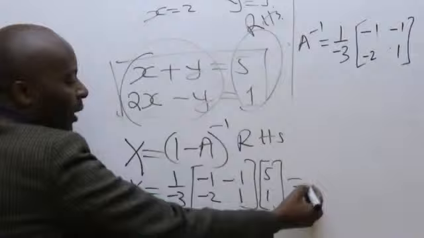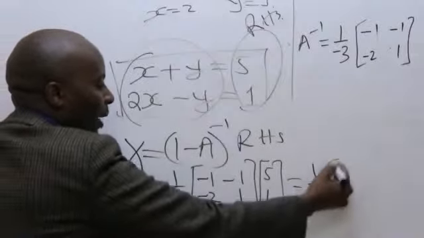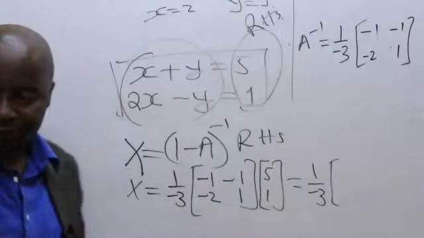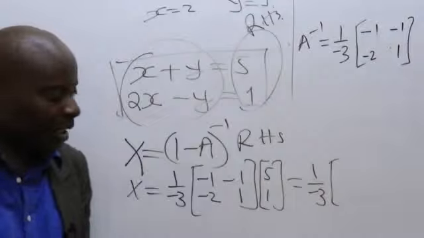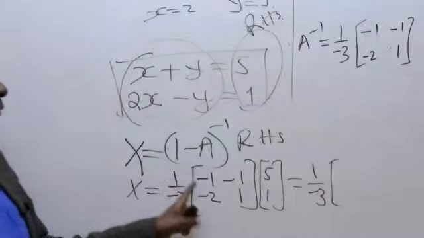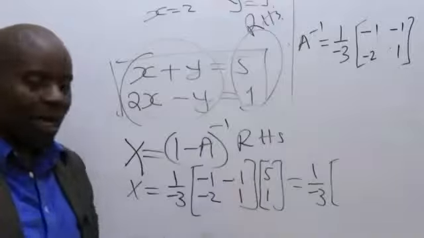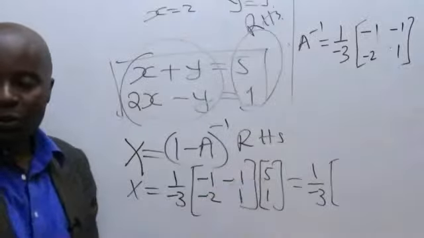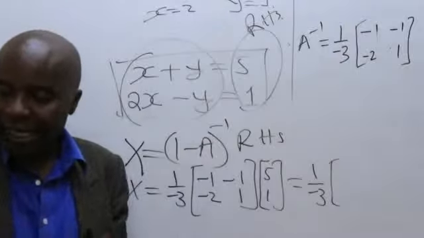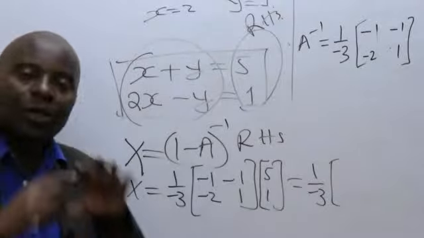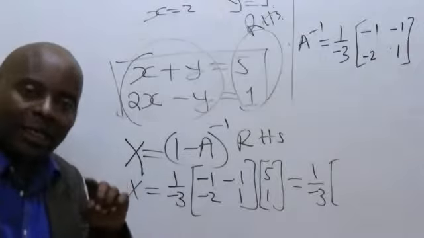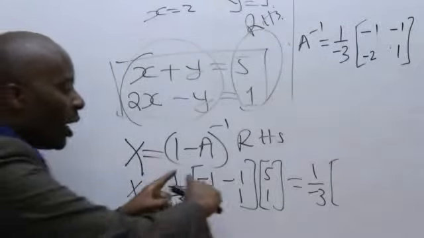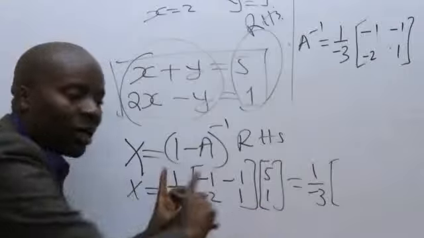Ladies and gentlemen, what I will do is to leave the scalar out first so that I give preference to multiplication of what here? 2 matrices. We multiply these 2 matrices. When it comes to multiplication of matrices, that is an easy thing. I will use what we call a row multiplying a column.